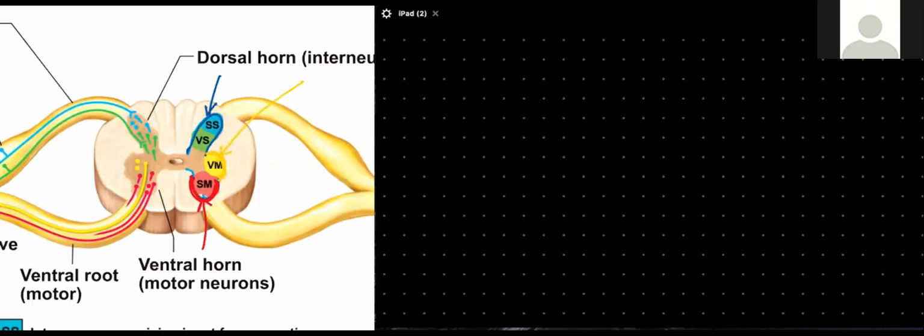Is there any difference here between the three horns in terms of function? Can you remind me, what did we mention about the gray matter?